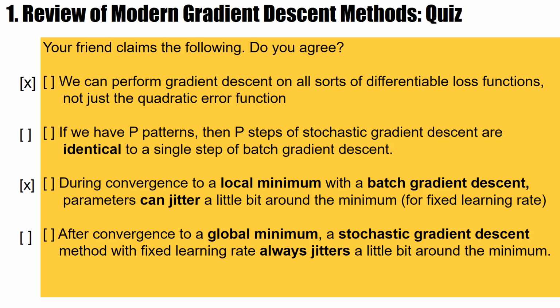In a situation where the solution exists, which means the problem is linearly separable, after a finite number of steps, the algorithm has converged. It's a gradient descent algorithm, either in the online stochastic version or in the batch version. Once it has converged, it will no longer change, it will no longer jitter.